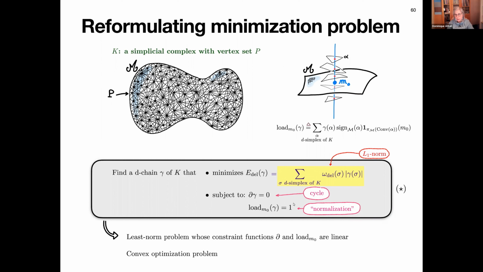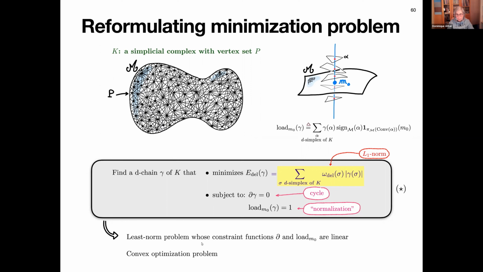For the normalization constraint, you take a point M0 on the manifold, you look at all the D simplices that project onto the manifold, you keep those that cover M0, and you sum up the coordinates of those simplices. This is what we call the load of gamma above M0.